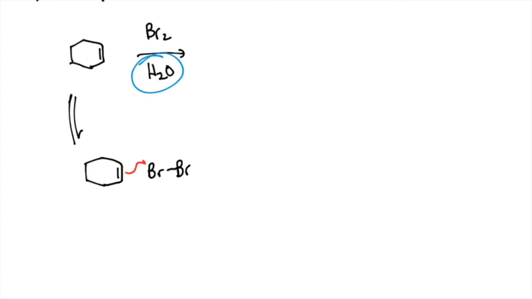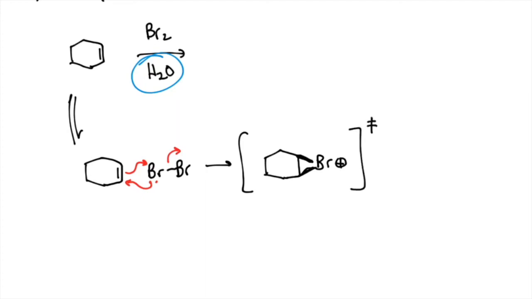Okay, so we can draw arrows like this, and we get an intermediate. Let's say this bromine adds from the top face. It gives us a wedged bromonium ion. It, of course, could come from the back face. That could just give you the enantiomer.